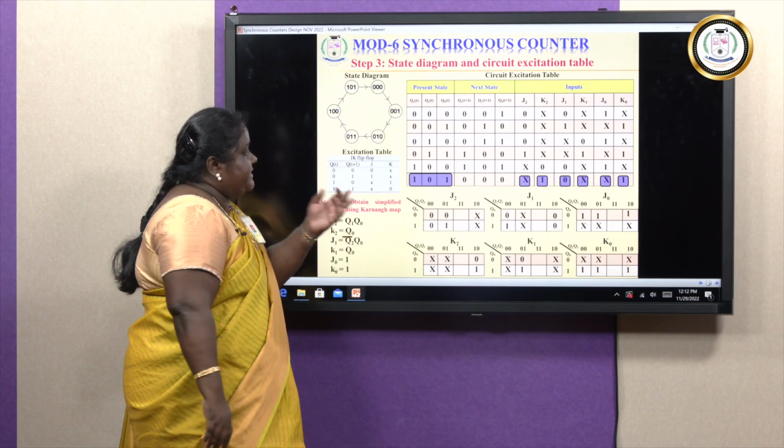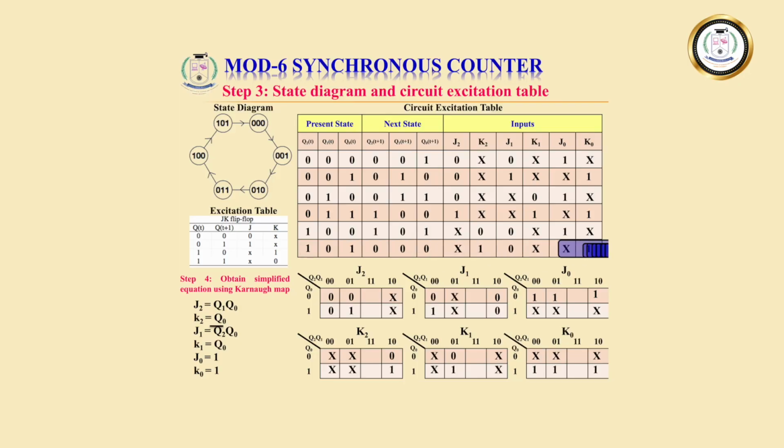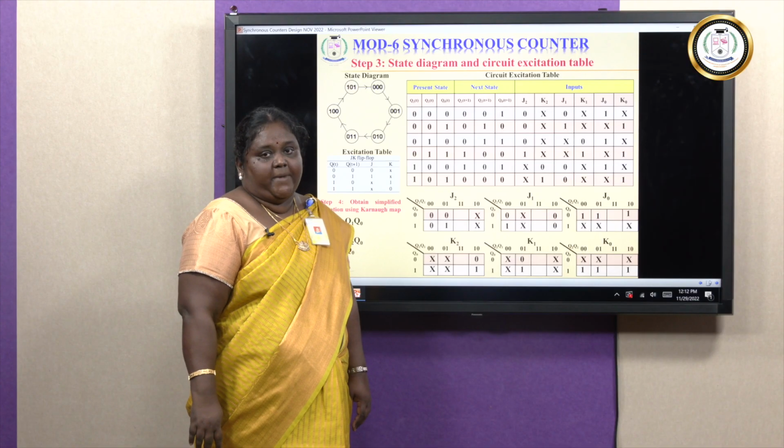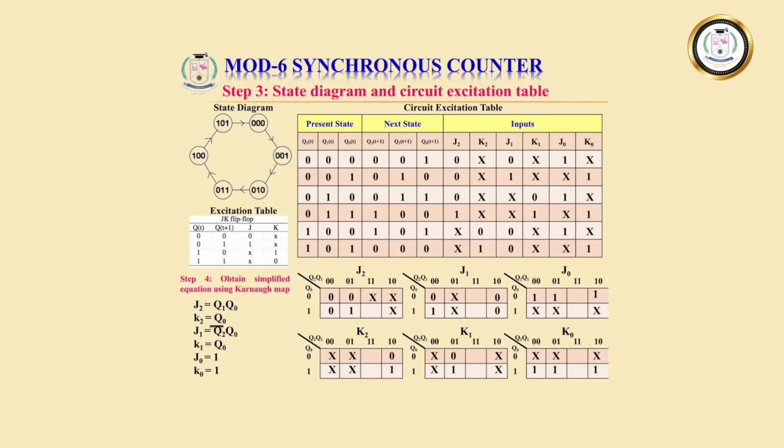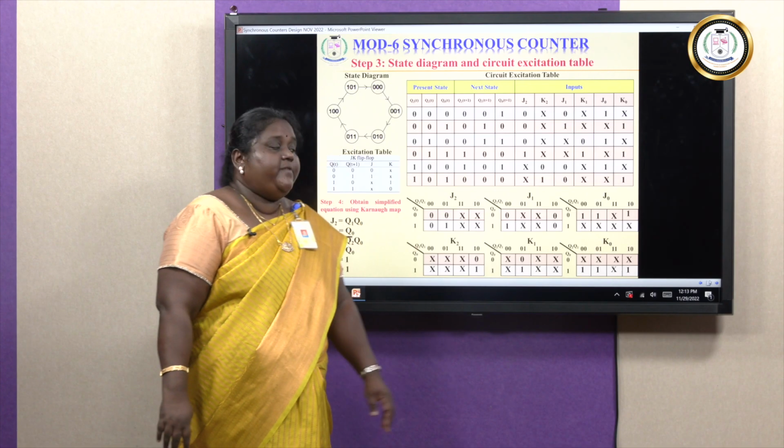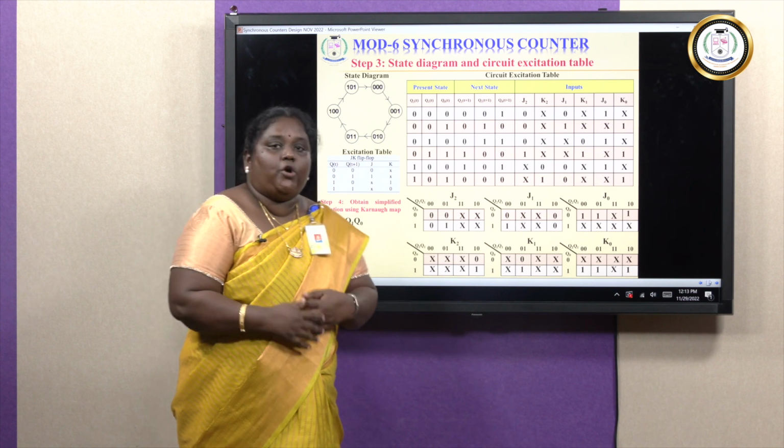So now we have completed all the process of filling the K map. The remaining blank K map cells can be filled with don't care terms. So let us fill the don't care terms. Now we have completed filling the corner map.